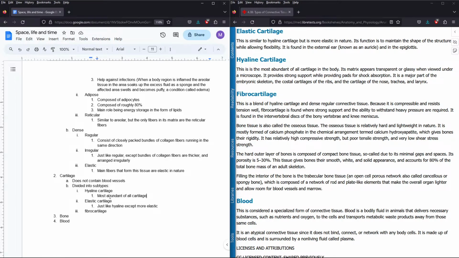Also, its matrix appears transparent or glassy.